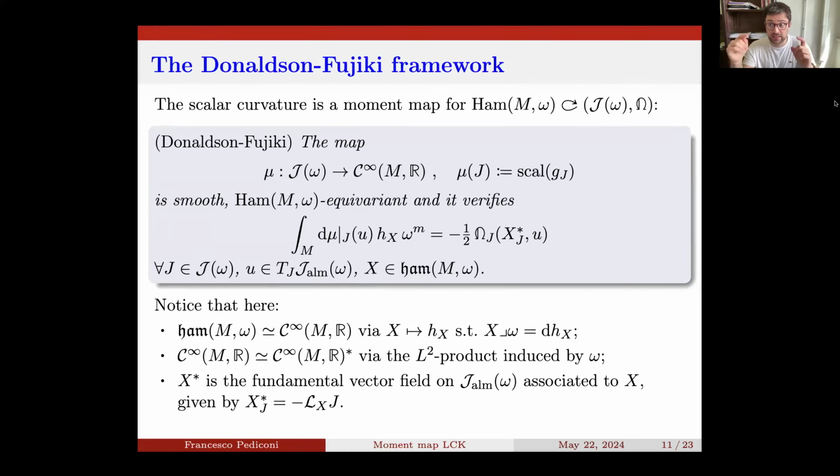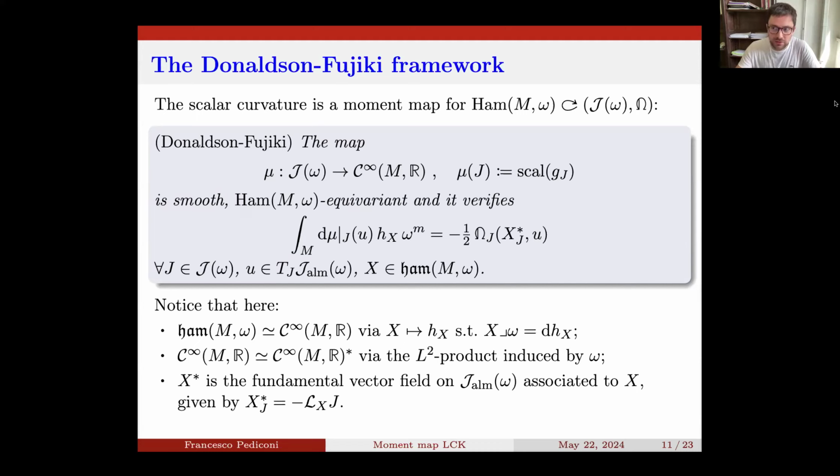Actually, x is a vector field on the manifold, a Hamiltonian vector field, while x star is a vector field on the infinite dimensional manifold of complex structures. That is the vector field that you obtain by differentiating the action of the Hamiltonian group of diffeomorphisms, acting on the left.